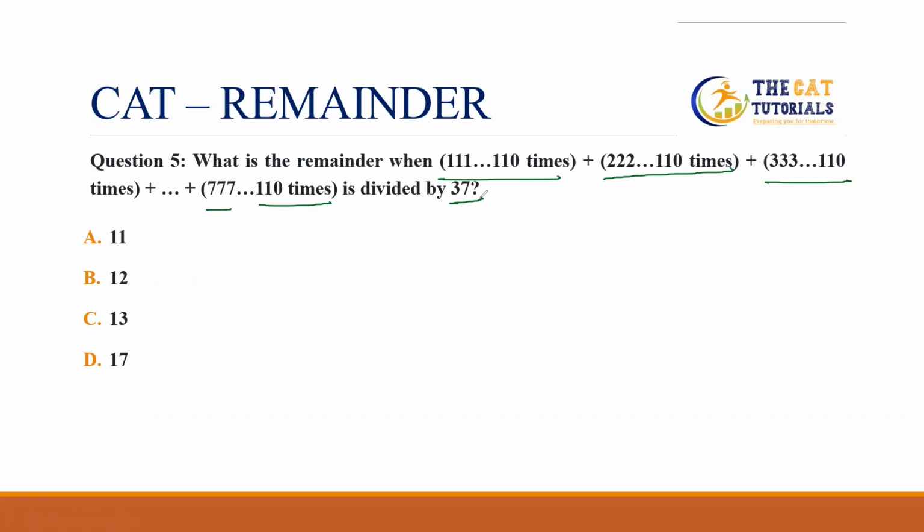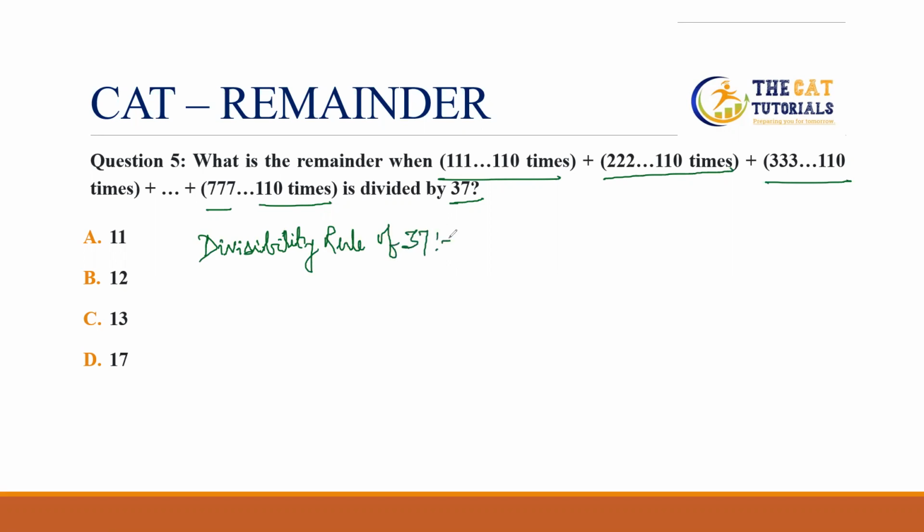For getting the remainder of this question, you must know the divisibility rule of 37. So right now I am going to discuss the divisibility rule of 37. What is it?